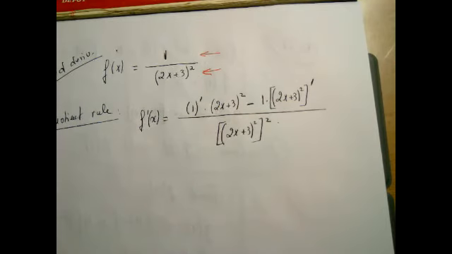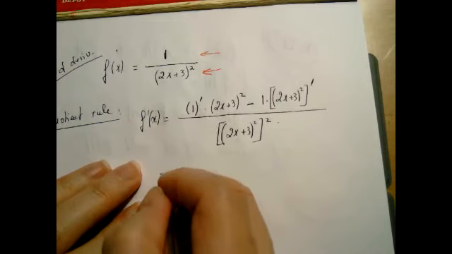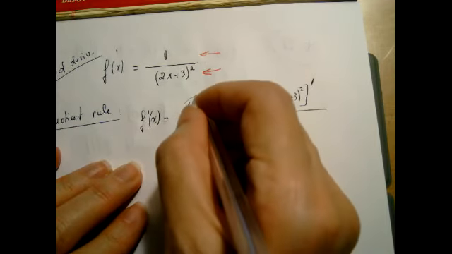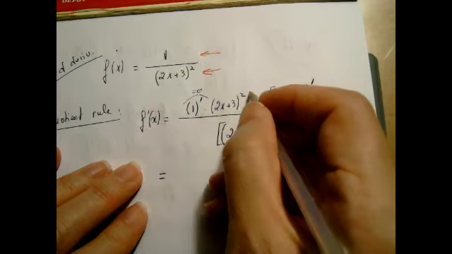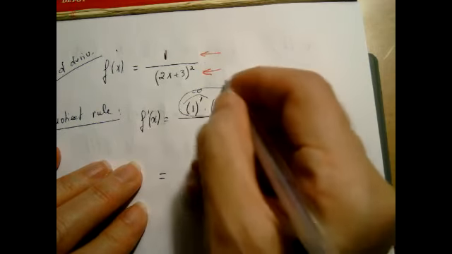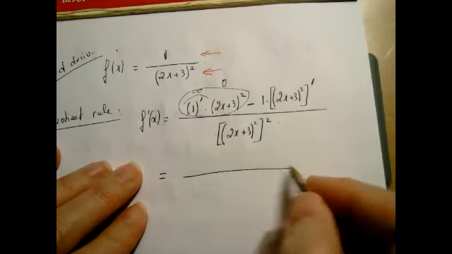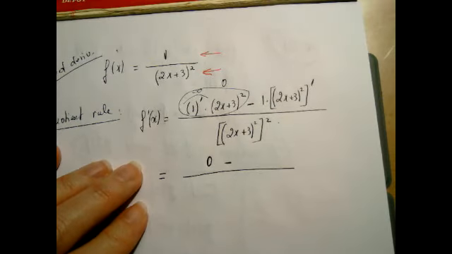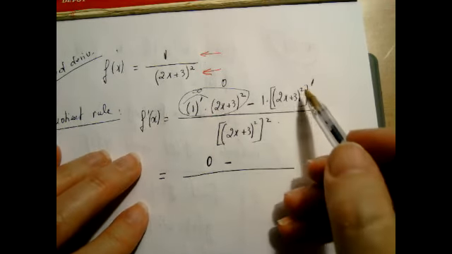Okay. This is equal to what? 1 is a constant, so the derivative of 1 is 0. So 0 times anything is 0, so this piece is 0. Minus the derivative of (2x plus 3) to the power 2.